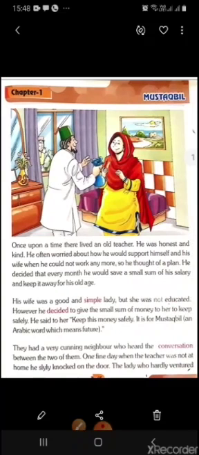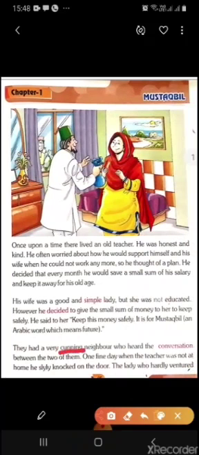Now let's mark some important words from the third paragraph. We have the first word, cunning. Next we have the word neighbor.